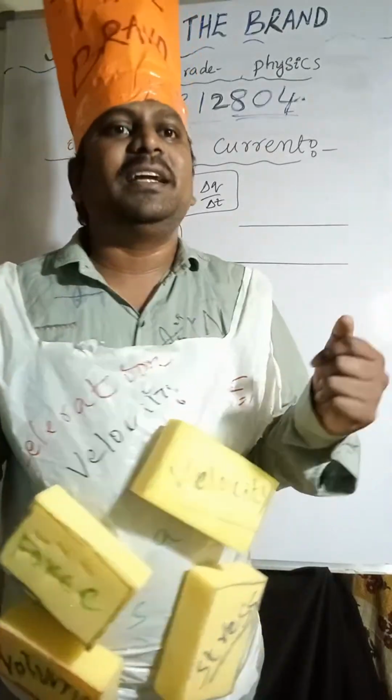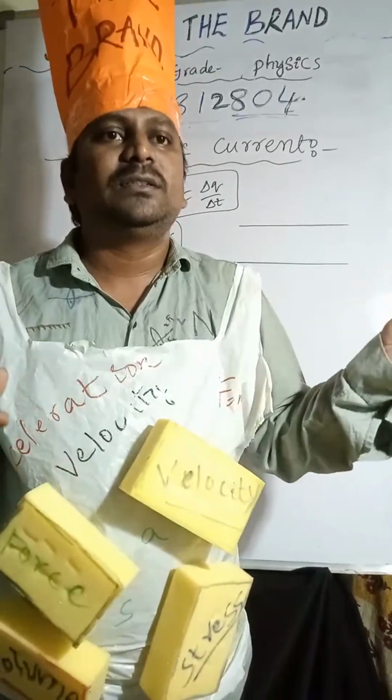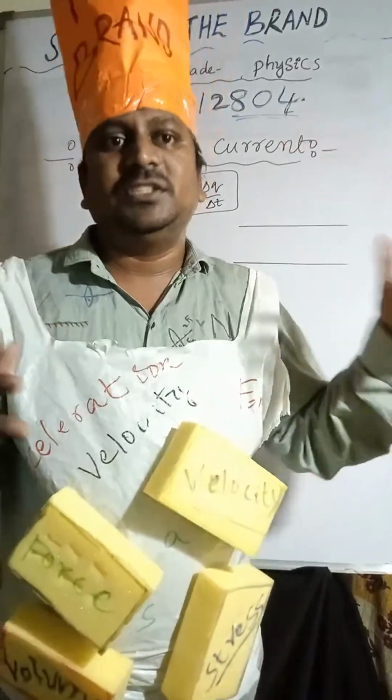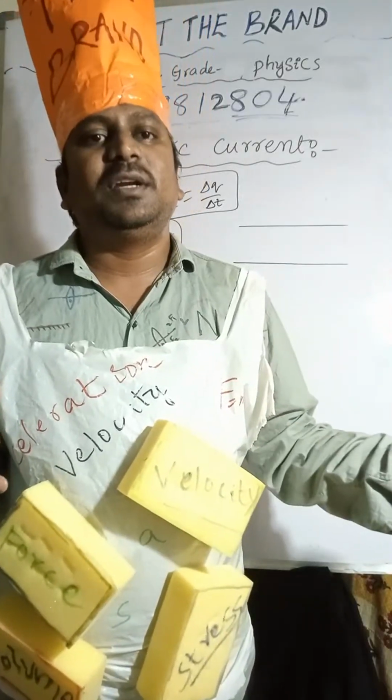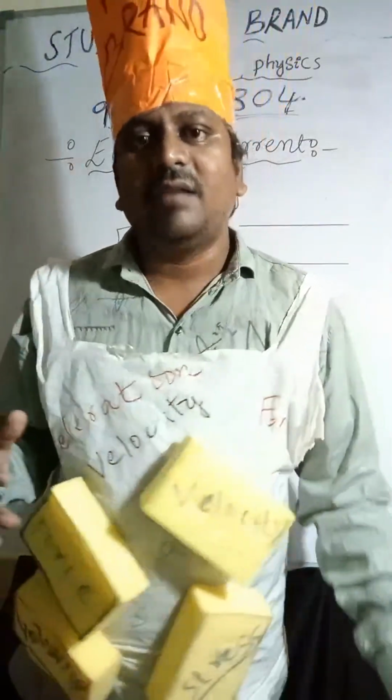Coming to average current: the total net charge flowing through a cross-section area per unit time, that is called average current.